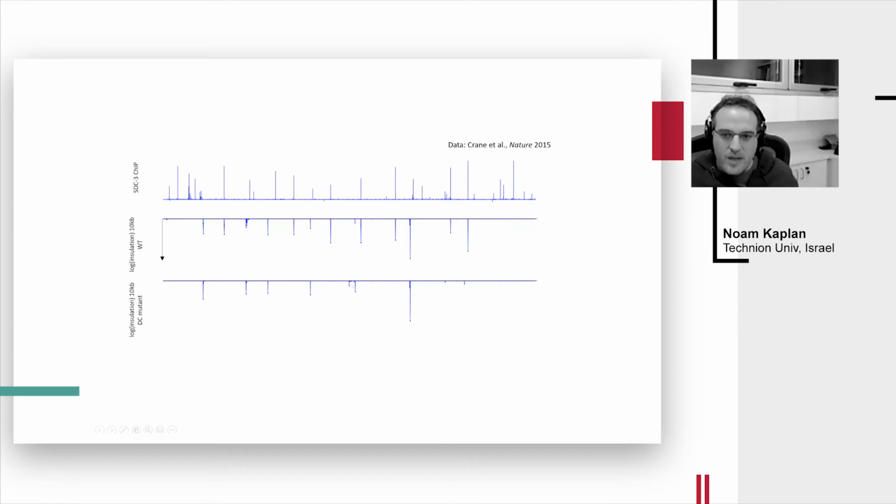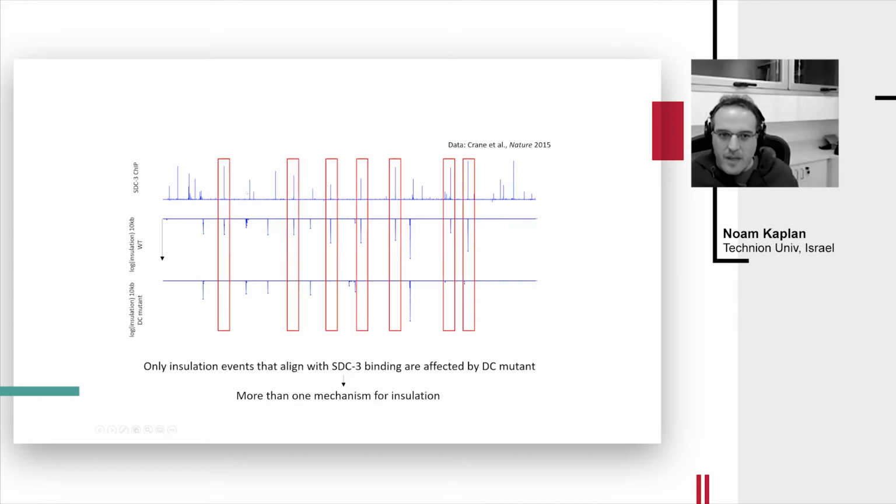You see that some insulation events are left. And as it turns out, only the insulation events that aligned exactly between the model and the SDC3 peaks were affected. Okay, so they all go away. And you see that there are other insulation events that the model recognizes, and they might suggest that there's more than one mechanism. So this is a way of dissecting very accurately what the genomic events underlying this are.